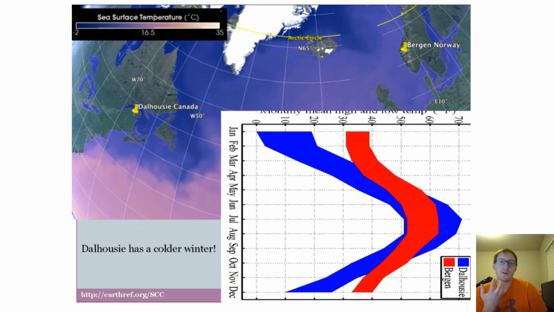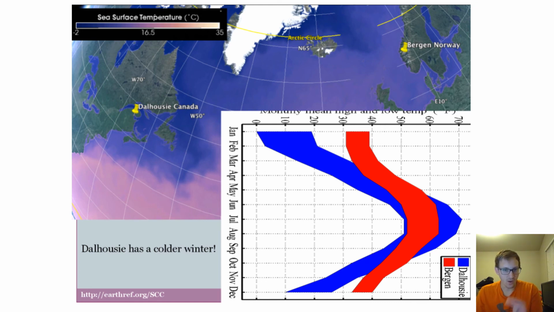When in fact, what actually happens, if you see the blue here, okay, in January, the temperature ranges from 0 to 20 degrees Fahrenheit, whereas in Bergen, it varies between 30 and 40 degrees Fahrenheit. So it's much, much warmer in Bergen than it is in Dalhousie, and that is because of thermohaline circulation.